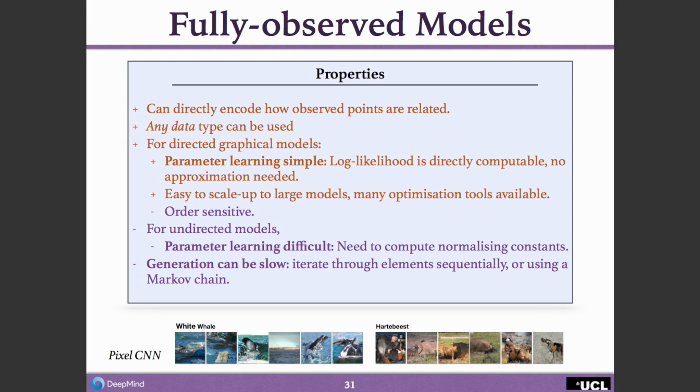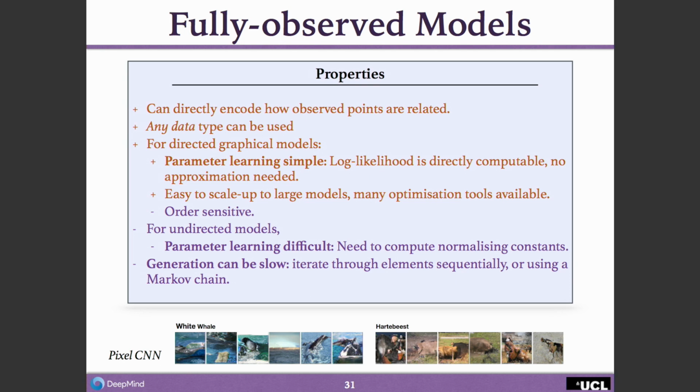But of course, there is this order in which we're using things, and so there's an order sensitivity which is coming in. And if we were dealing with undirected models, then that's much more difficult, because parameter learning in undirected models is very difficult because we need to know the normalizing constant. It's not known as in the directed case.